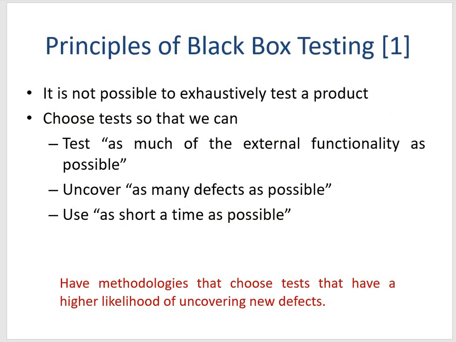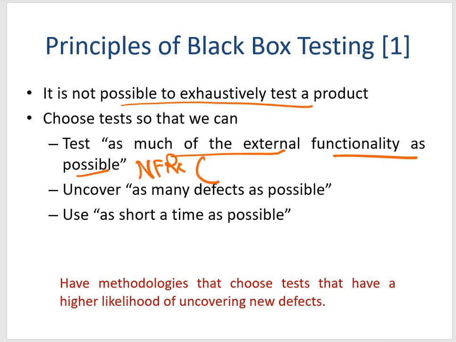So recall the principles of testing, where we said that it is not possible to exhaustively test a product, and to test as much of the external functionality as possible. External functionality here, once again, I am talking about NFRs. That means I am dealing with black box testing. So in the principles of testing, we have focused a lot on black box testing.